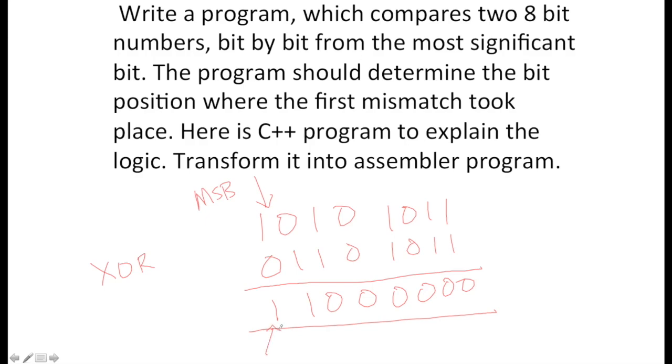In our case, the very first mismatch happened at the 7th, the most significant bit, and depending on how you label it, we can call this 7 and we can call this 0. This is where the program should return the index at which the mismatch took place.